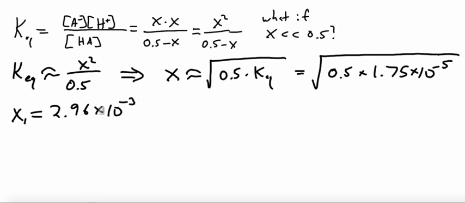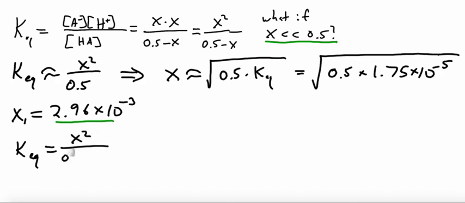So I have to ask, were we justified in saying that this number is a lot less than 0.5? Well, it is. That's 0.003 essentially, much less than 0.5. So if we were still worried about it, what we could do is do a second iteration. We can say, okay, I've got that k equilibrium is equal to x squared over 0.5 minus x.